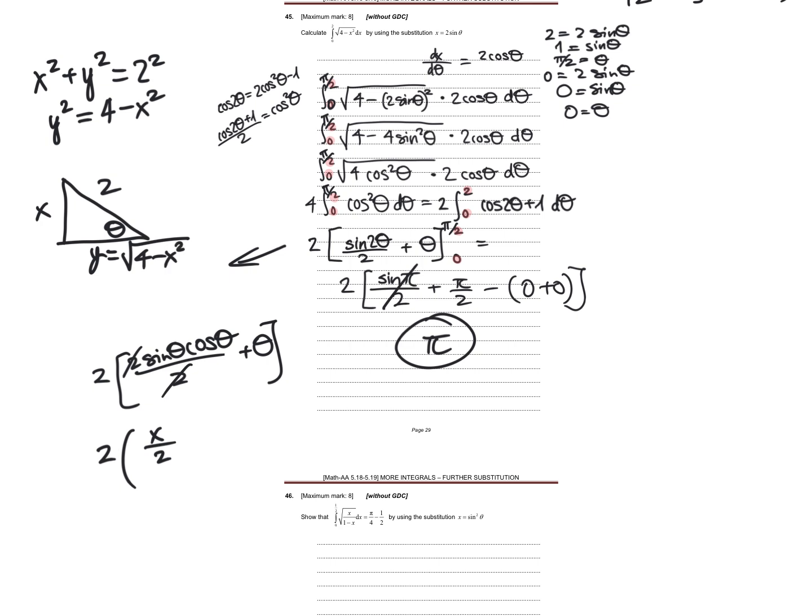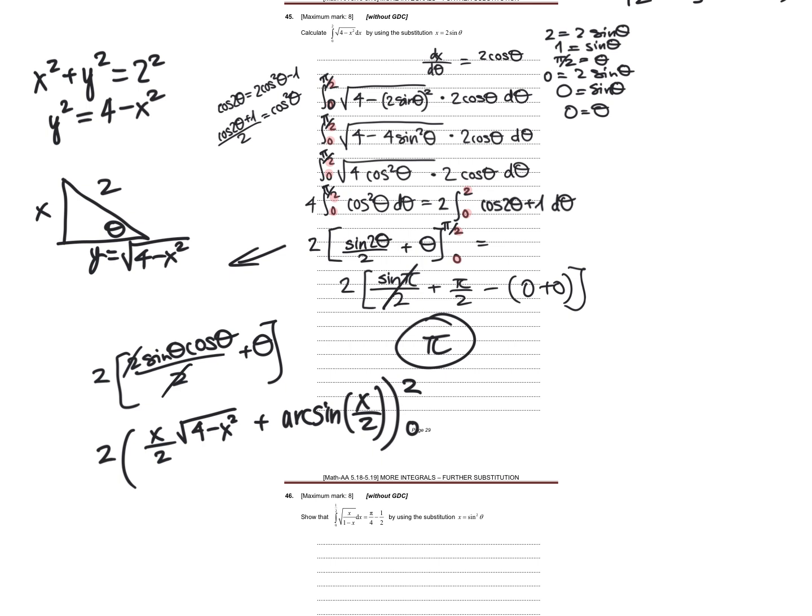So that's that. Plus, so that's sine theta cosine theta. And then theta is going to be arc sine x over 2. And that we would have to evaluate from 0 to 2.